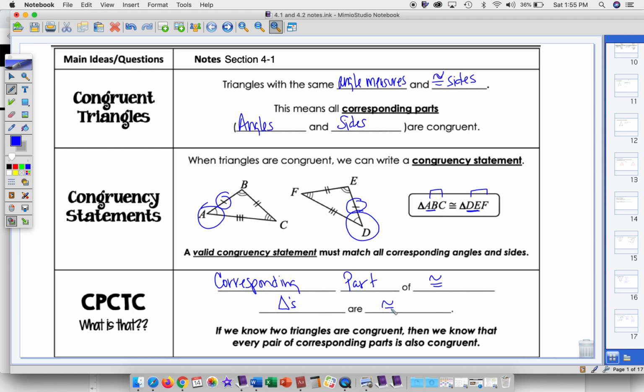We will use this in our proofs later on, okay? But basically what it means is that if we know that two triangles are congruent, then we know that every pair of corresponding parts is also congruent. And you'll see how we use that in the proof later on.